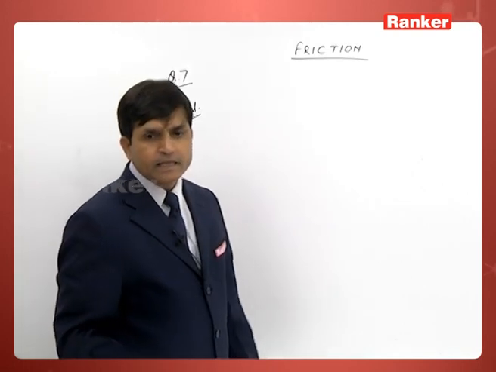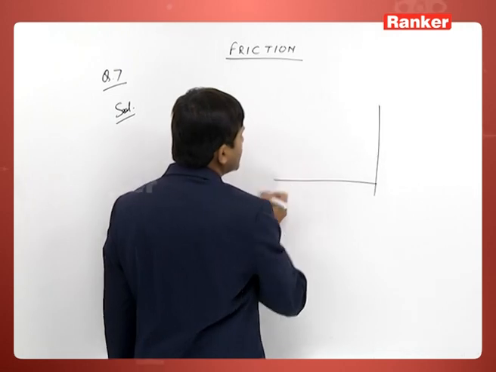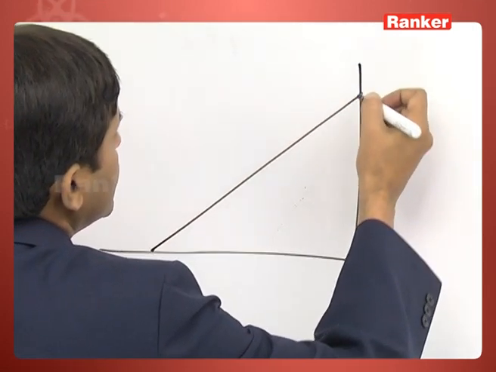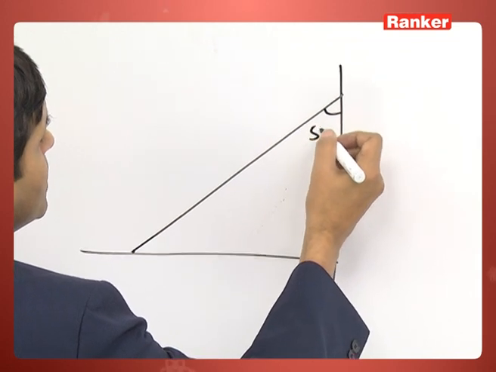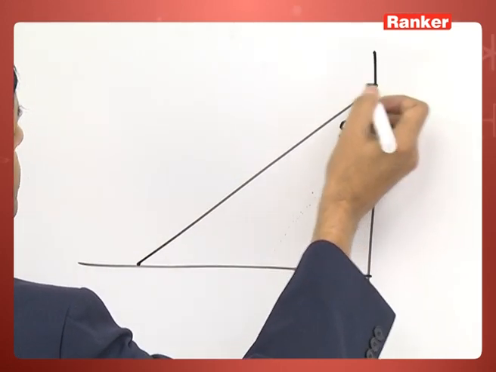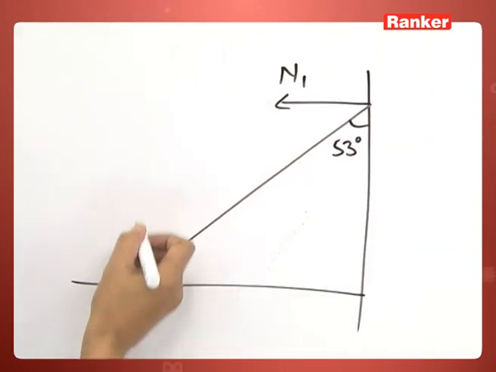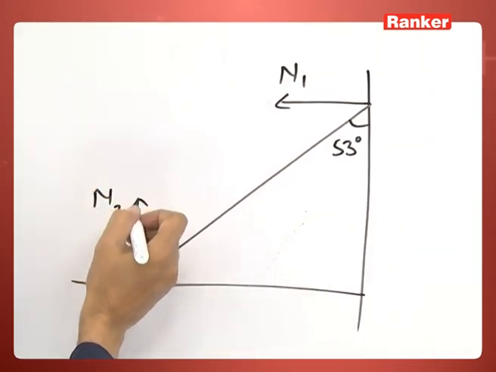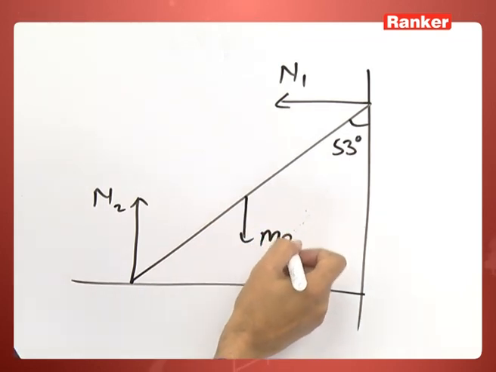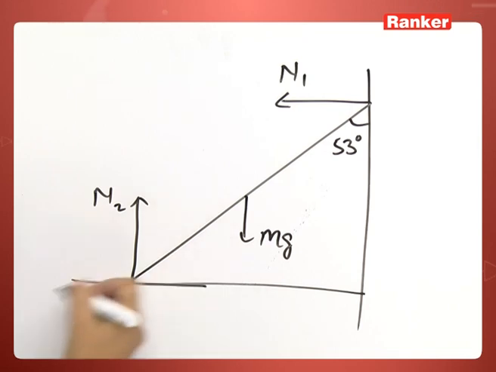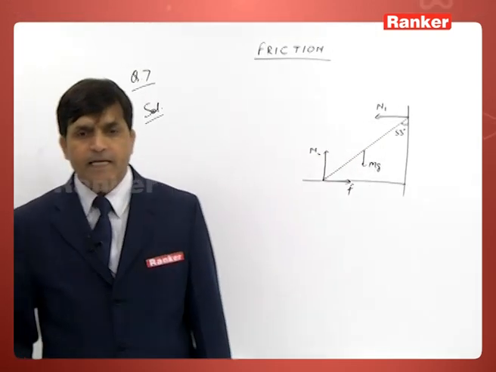In the question they are saying that this is a wall. On this wall a ladder has been leaned like this, and this angle is 53 degree. From here one force is acting, normal N1, from here N2, this is the weight mg, and since it is sliding here, the friction is acting in this direction.